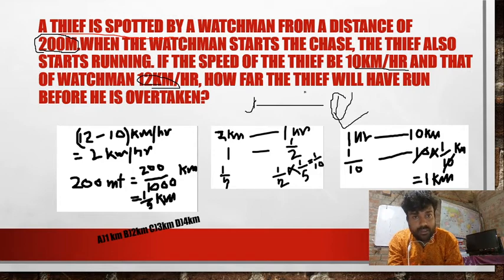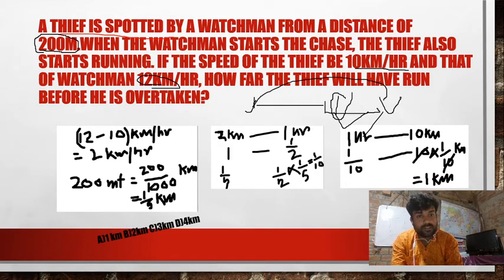But what is the question? How far will the thief have run before he is overtaken? From this point, how far does he go before the watchman can catch him? This is the distance, not the time. A very simple way is to go step by step.